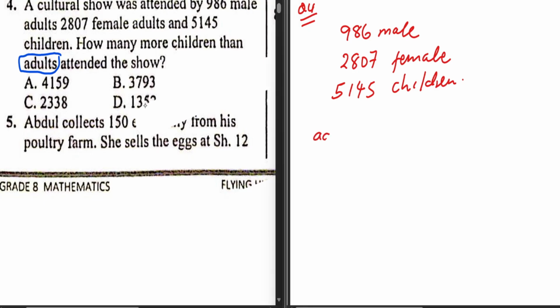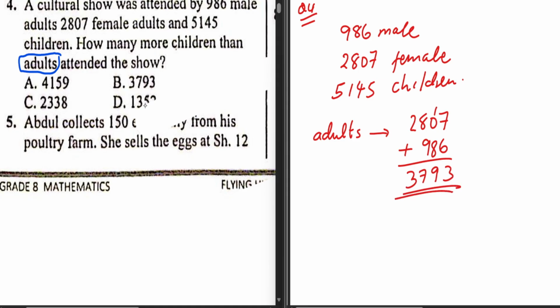So let's find the sum of the adults first. 2,807 added to 986 gives you 3,793 adults. The children are 5,145. So how many more children than adults attended the show?